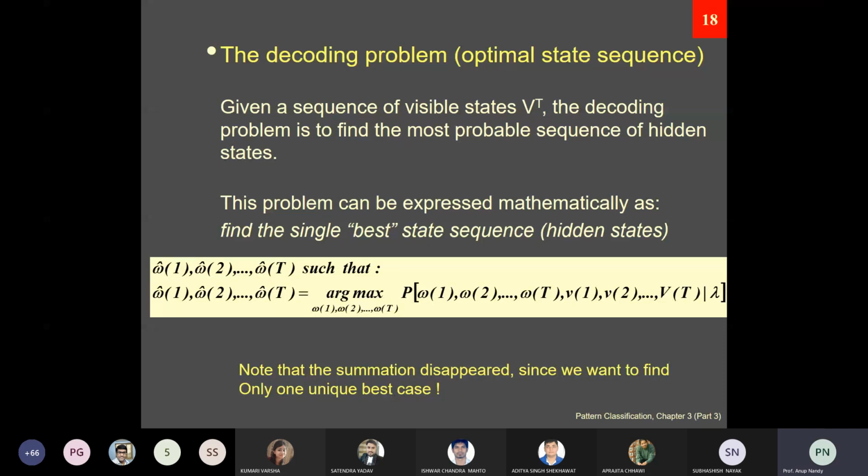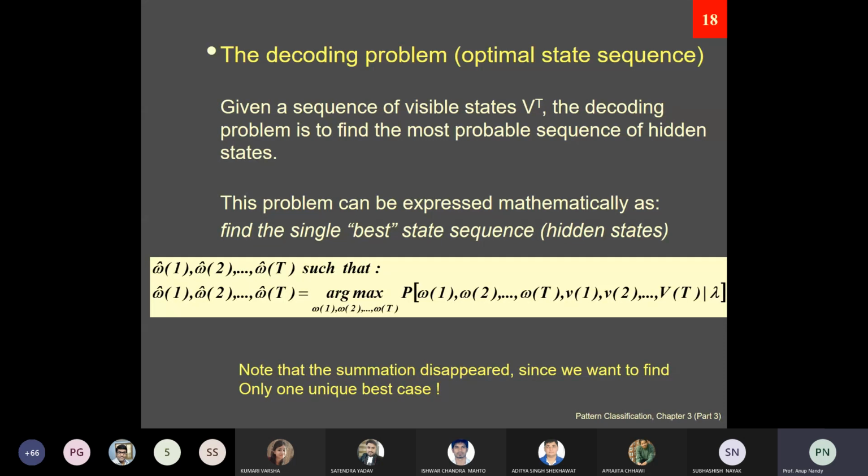In the decoding problem you need to find the optimal state sequence, because you have a sequence of length T, and from the sequences you are going to choose one particular sequence. Now your job, from the Viterbi algorithm, is to find which particular sequence is most optimal and will generate these visible sequences.